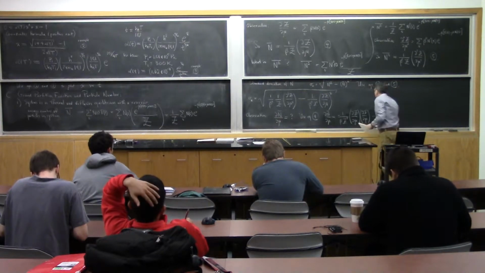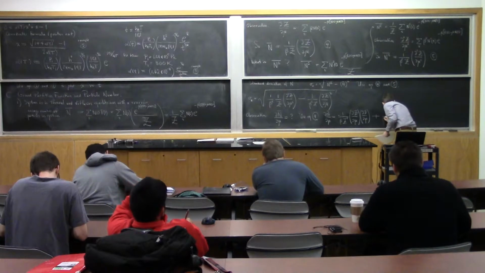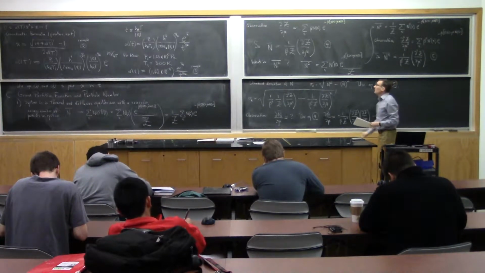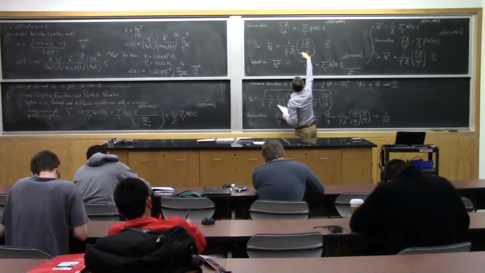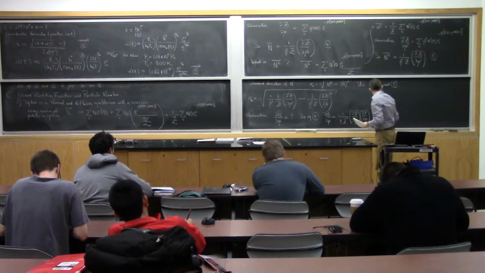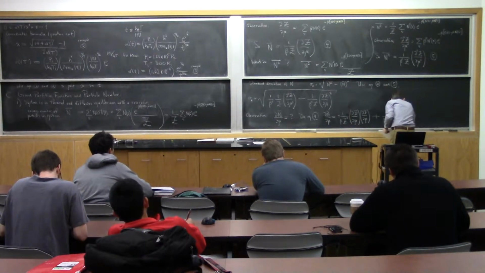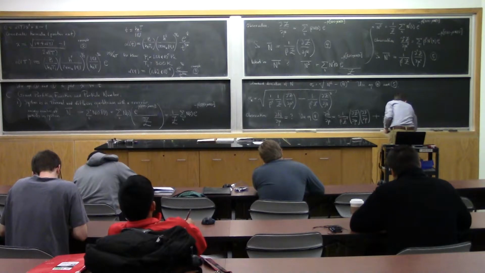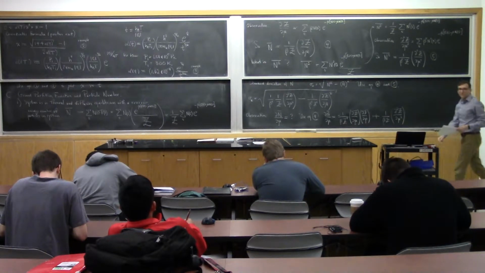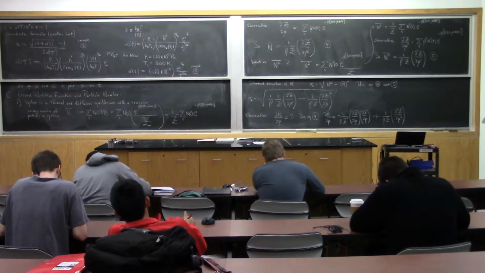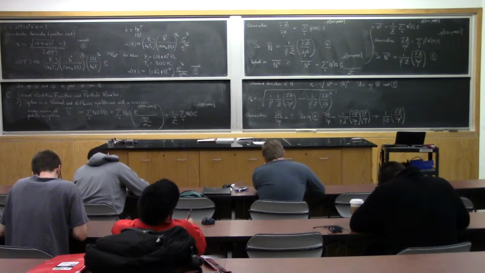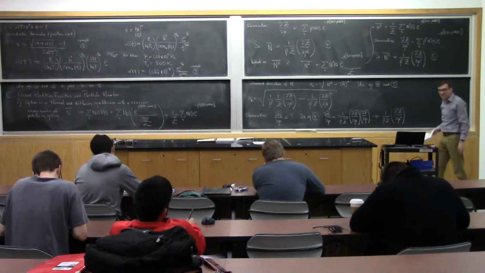Then, plus 1 over beta script z times the partial of this with respect to mu. Well, it's already one partial, so now it becomes a second partial of z with respect to mu. See, I just did the product rule.